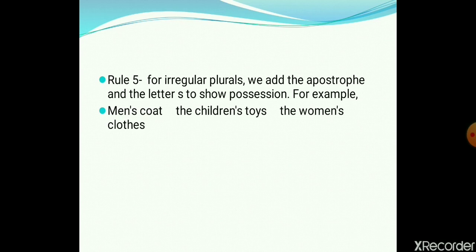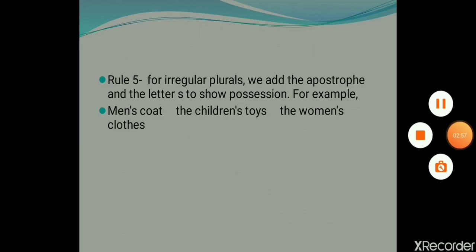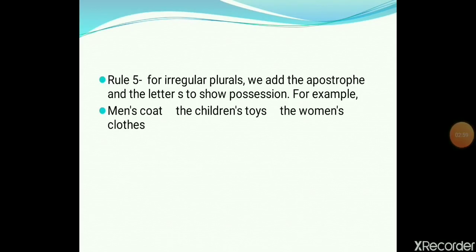So whenever we are talking about irregular plurals, we have to add the apostrophe before S. We don't have to add the apostrophe after S. Remember this, we add the apostrophe before S because these nouns do not already have an S. So we have to add S and we have to add the apostrophe where? Before S. Is it clear? So this was about the apostrophe used in possessive nouns, and I hope all 5 rules are clear to everyone.